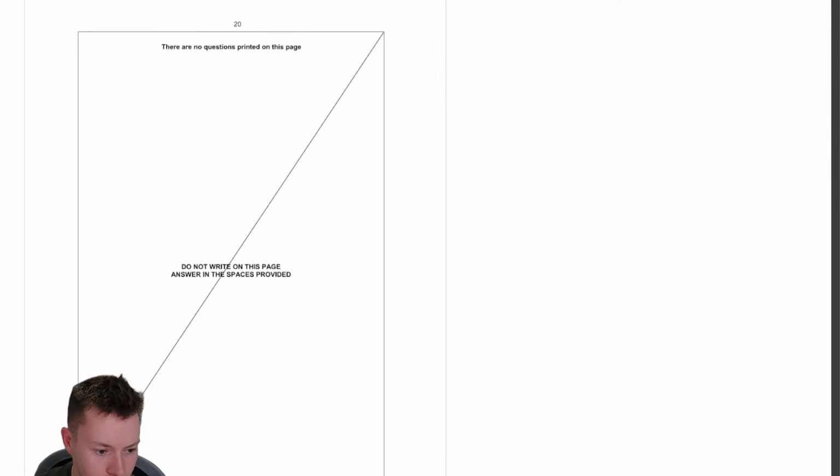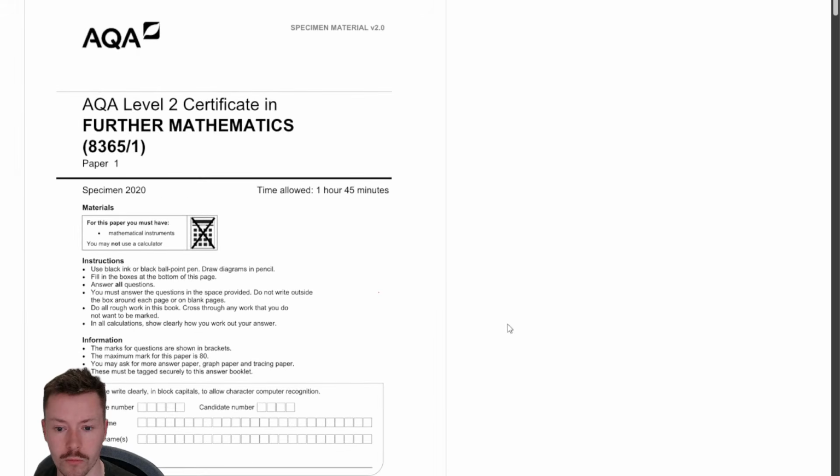Let me redo that, put that over there. Combinatorics, yeah, combinations. Let me print this in again. Has anyone seen the sample paper? So this is the sample paper.